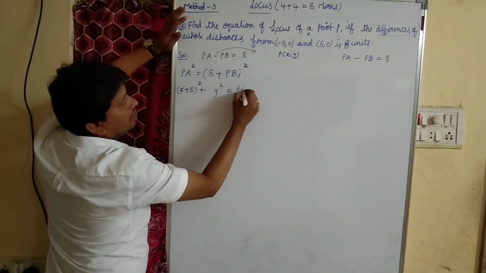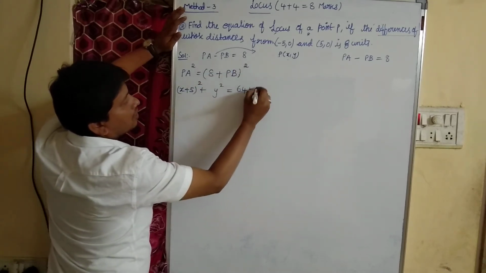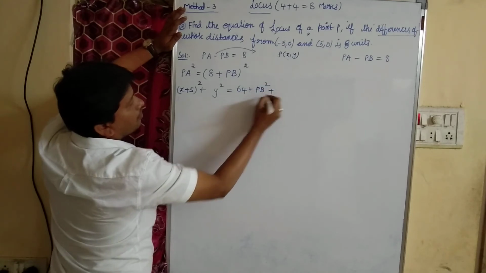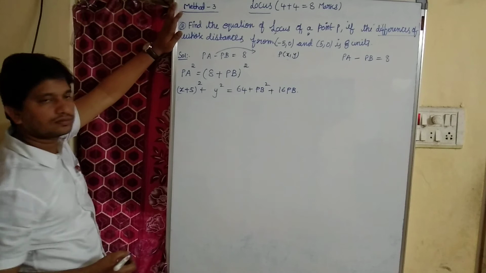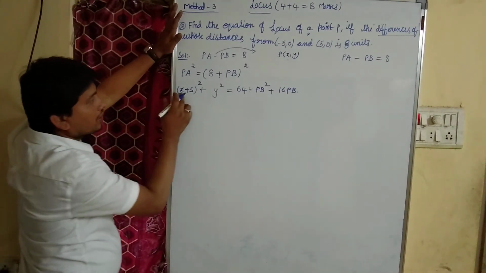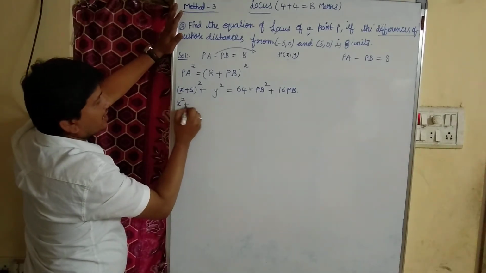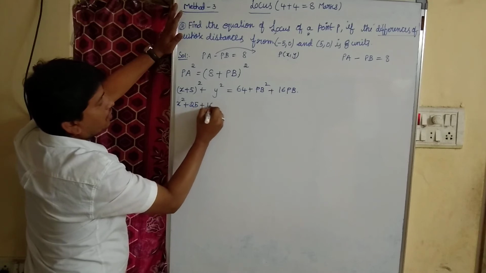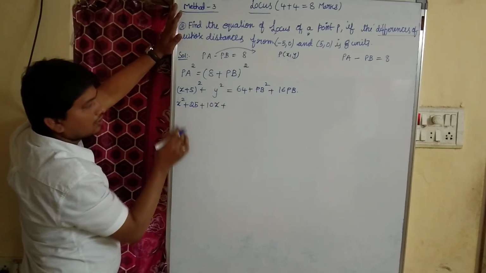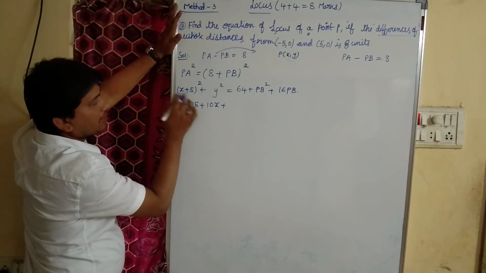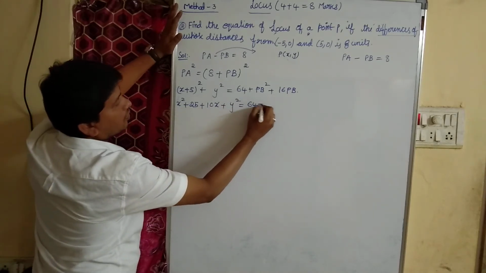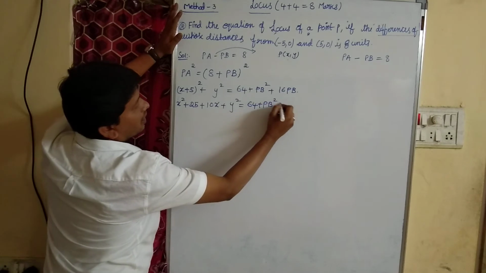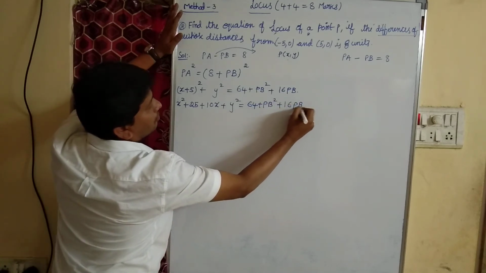8 square is 64, plus PB square plus 2 into 8, 16 PB, right? x square plus 5 square is 25, 2 into 5 is 10x, a square plus b square plus 2ab, plus y square equals 64 plus PB square plus 16 PB.